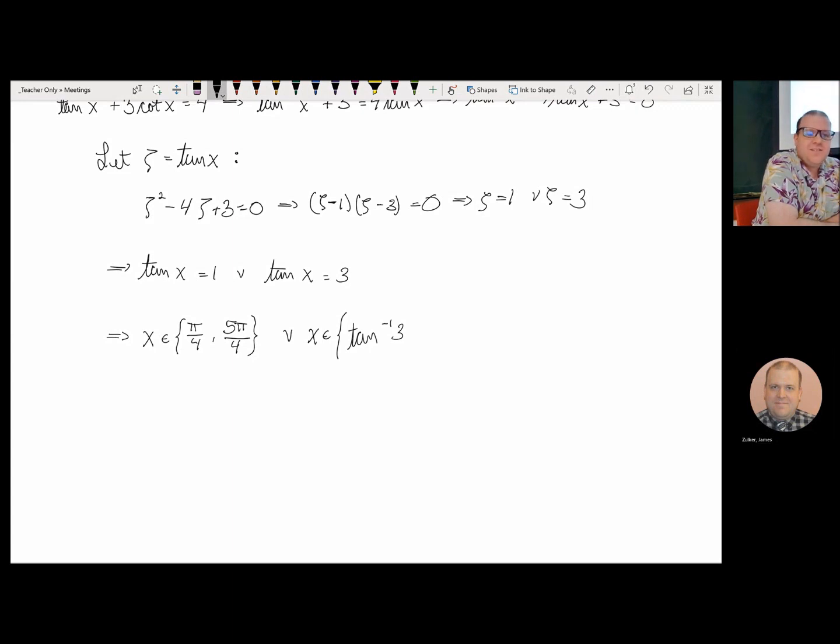What, just leave it like that? It's its exact form. One location is the inverse tangent of 3. Another location is the inverse tangent of 3 plus pi.